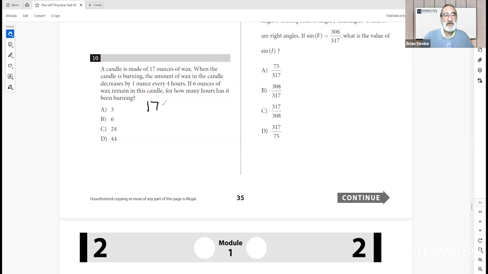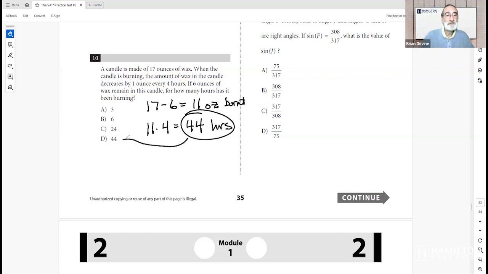Well, 17 minus 6 would be 11 ounces burnt. And if I look at that, well, 11 times 4 would be 44 hours. So 44 is your answer. And D is the correct selection.